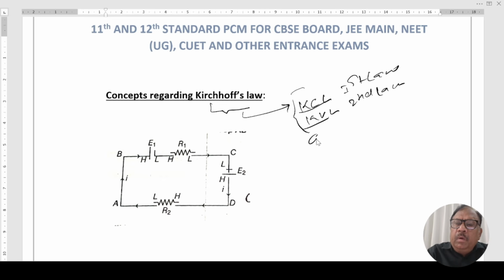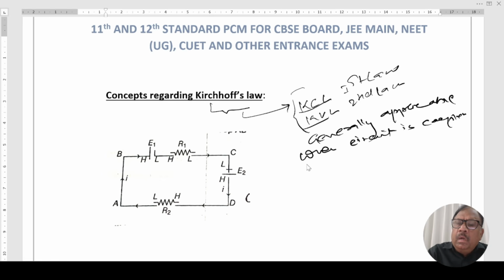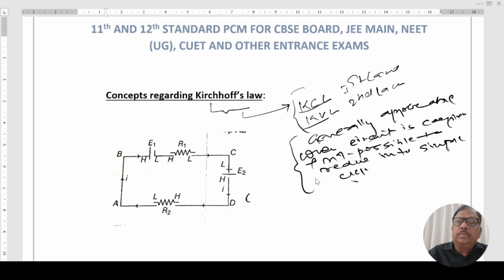These are generally applicable when the circuit is complex and not possible to reduce into a simple circuit. Right?